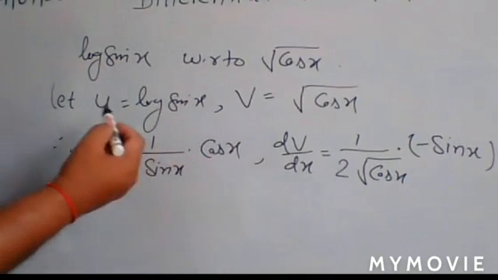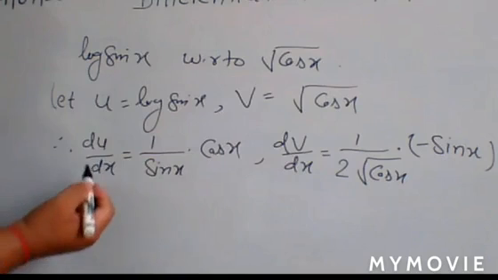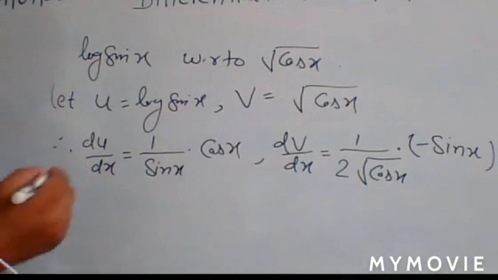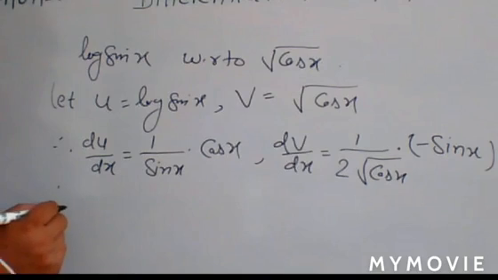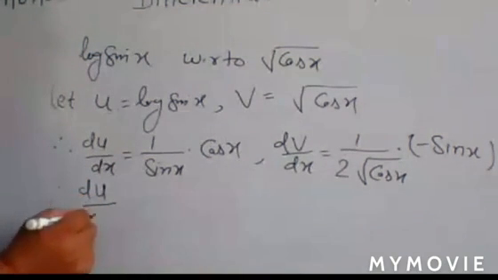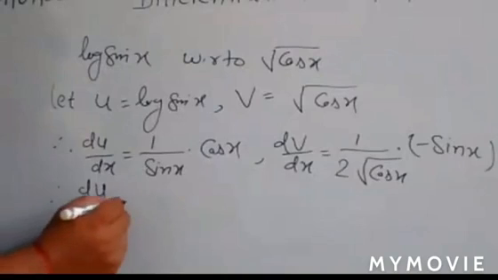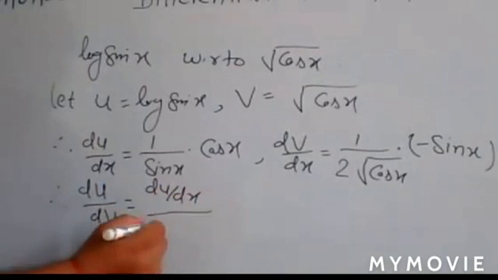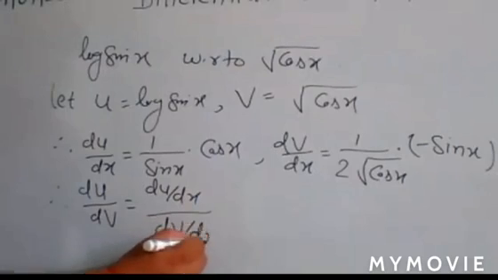Here you found the value of du by dx and dv by dx, so use it as in a parametric equation. So write du by dv is equal to du by dx upon dv by dx.